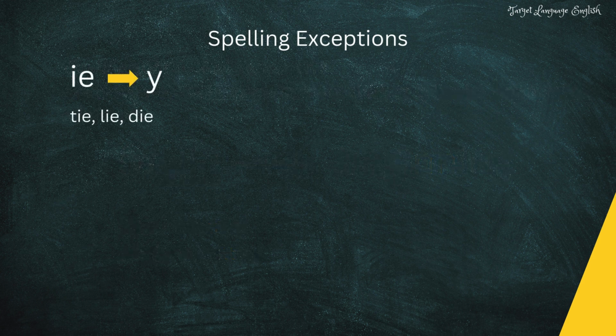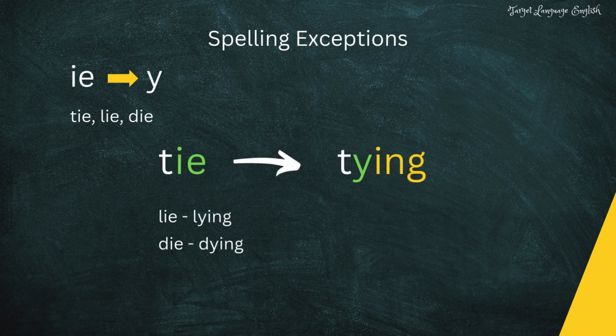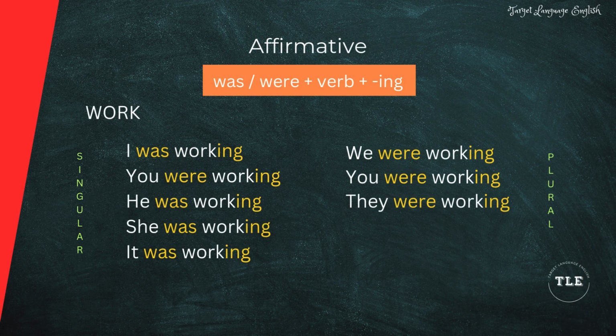Next, verbs ending in ie change the ie into y and then add ing. For example, tie, tying.